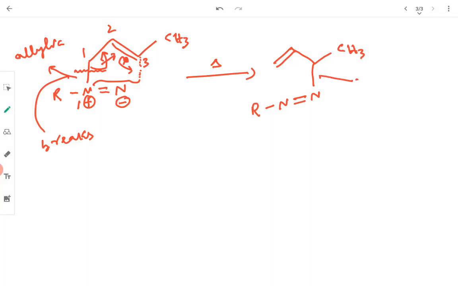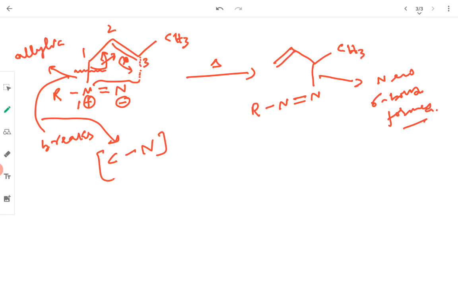So this is the new sigma bond formed. In this example, as you can see, the bond which breaks is between a carbon and a nitrogen. So this example is an example of a 2,3 sigmatropic rearrangement.